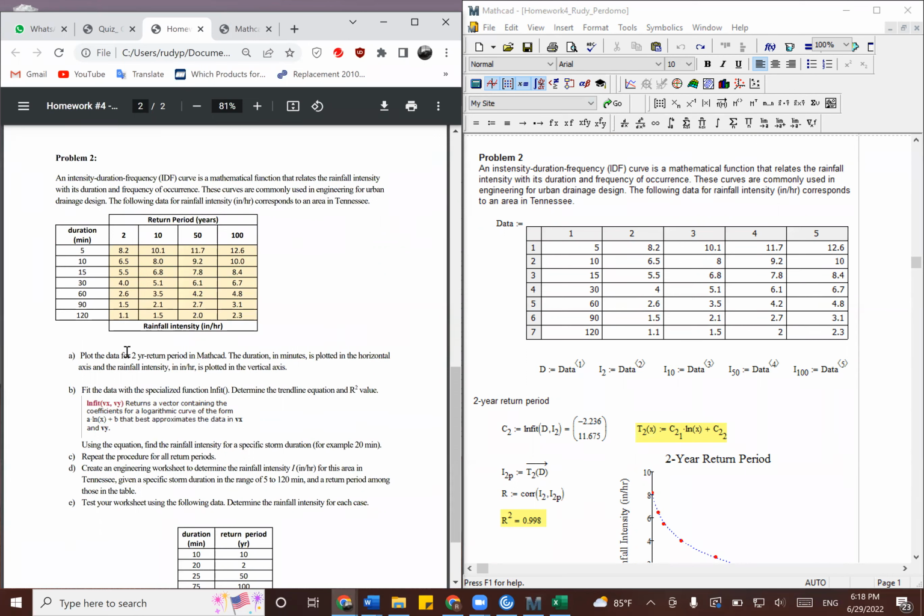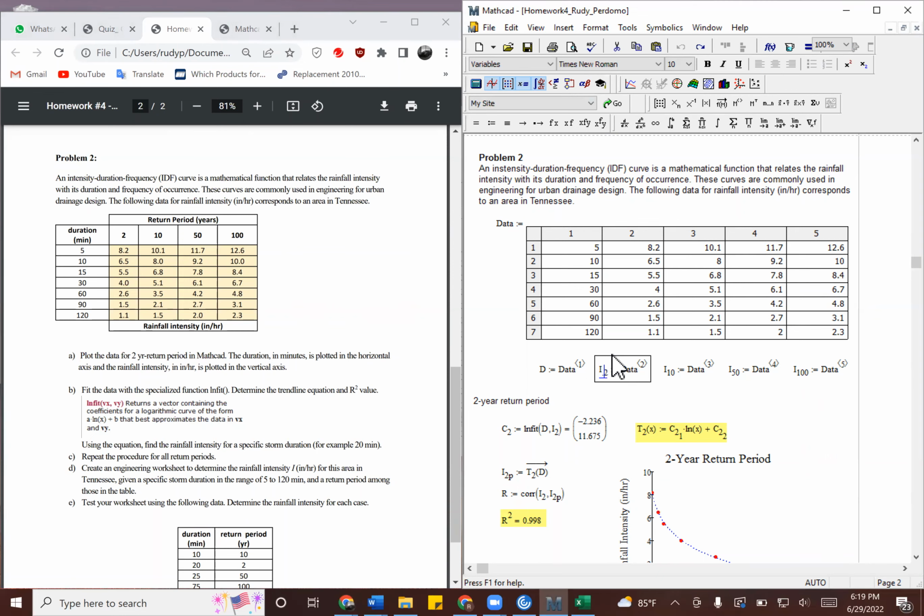So for part A, it says plot the data for 2-year return period in MathCAD. So what I did was get all these values on here. These would be our x's. D1 would be our duration, so duration is our x here. The first column is duration. This is for 2-year return period, 10-year, 50-year, 100-year.